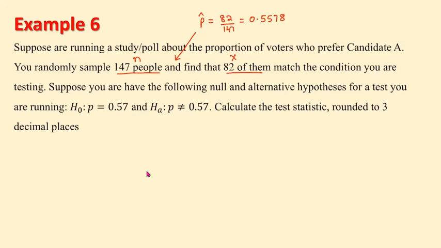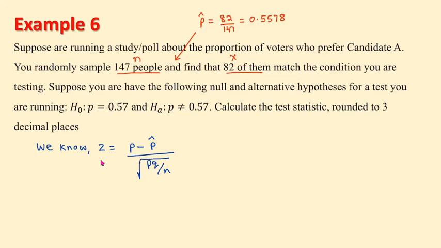What we know is the formula for the test value. Because this is about the proportion, the test value will be z, and is given by the formula p hat minus p over square root of pq over n.